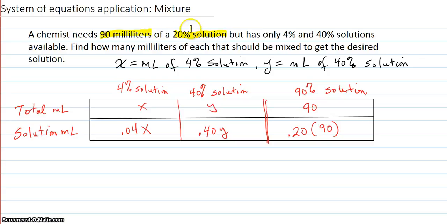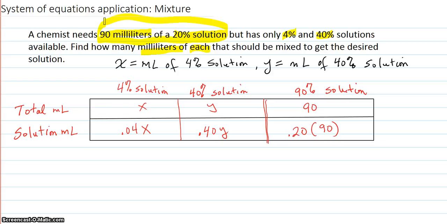So 90 milliliters of 20% solution is what they want, but they only have a 4% solution and a 40% solution. How many milliliters of each should be mixed together to get the desired solution, which is this?